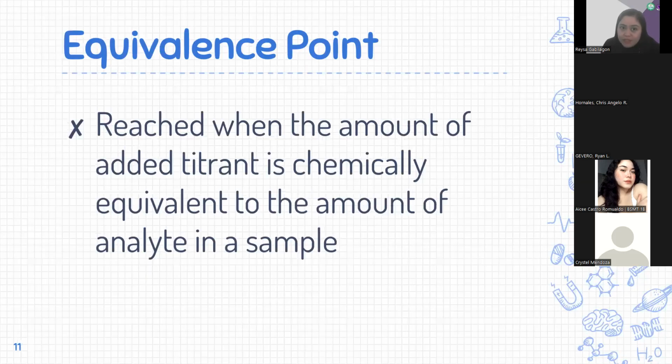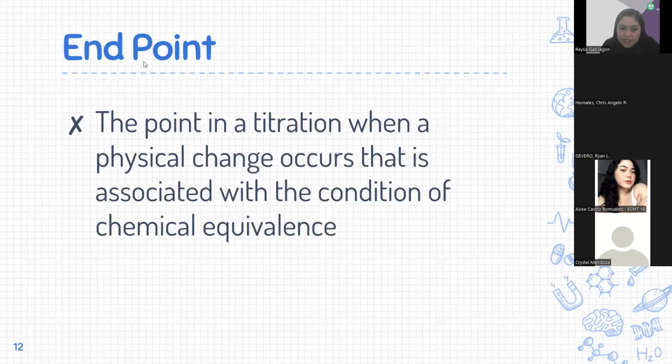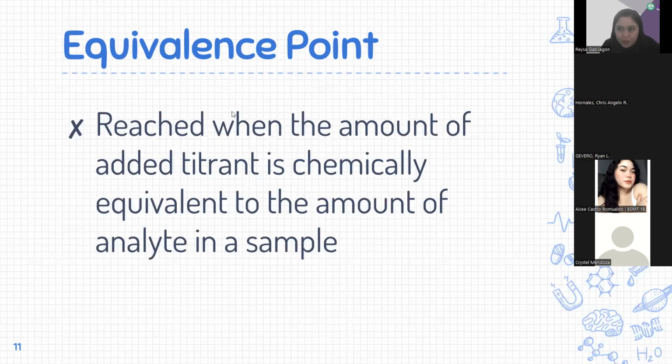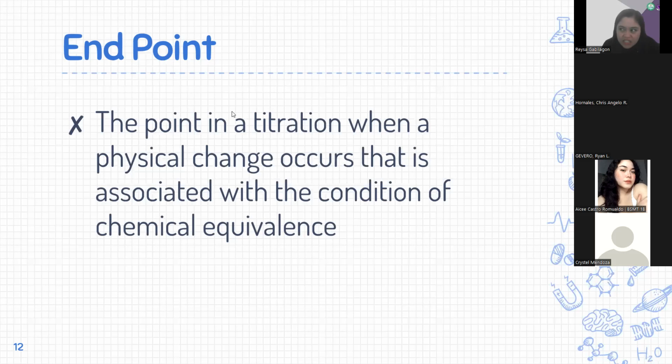But the equivalence point, we do not see it. But nevertheless, class, we assume that during the endpoint, that is also the equivalence point. When it changes in color, most likely there will be equal amounts of titrant and analyte that have reacted.